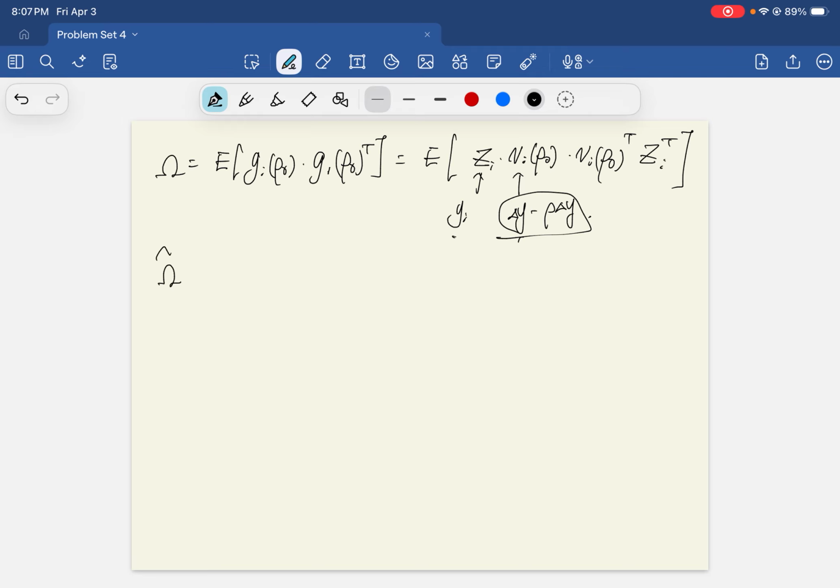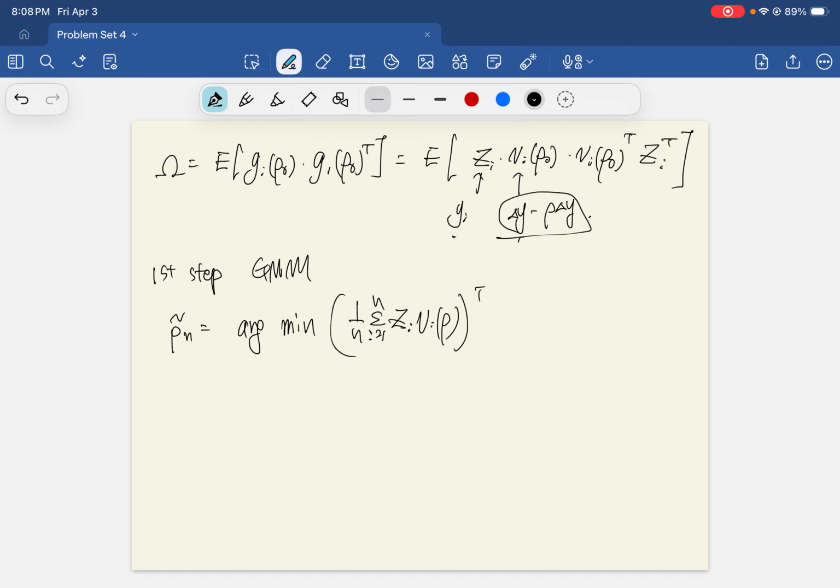However, you may still estimate it. Let's think about weighting. How can you find a weight based on this omega? My idea is to first run GMM, just minimizing Z_i V_i(rho) transpose Z_i V_i(rho).